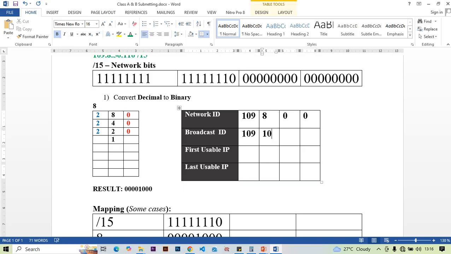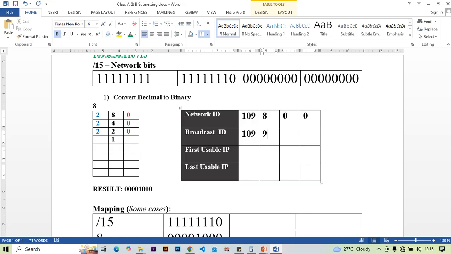Okay, but then this 10 here is basically the value for the next network ID. So to get the broadcast ID, we're going to subtract 1, because the broadcast ID is always less than the next network ID. Which means instead of having 10 here, we're going to have 9 here.